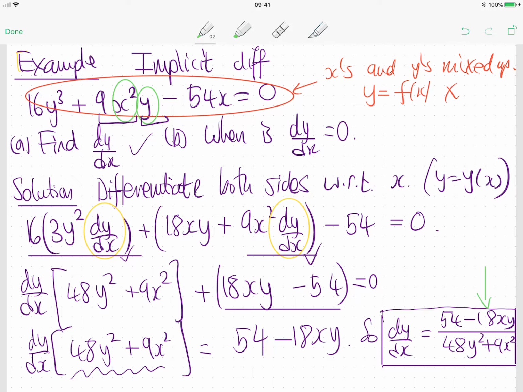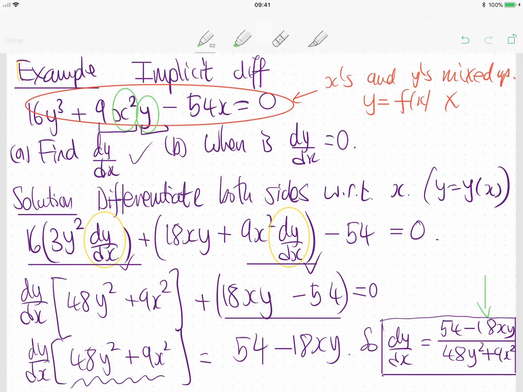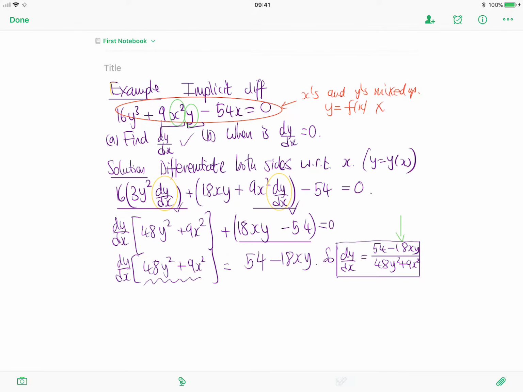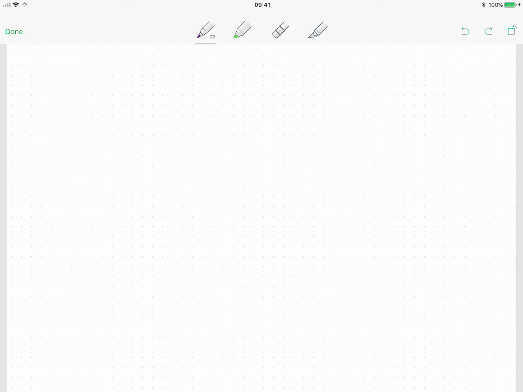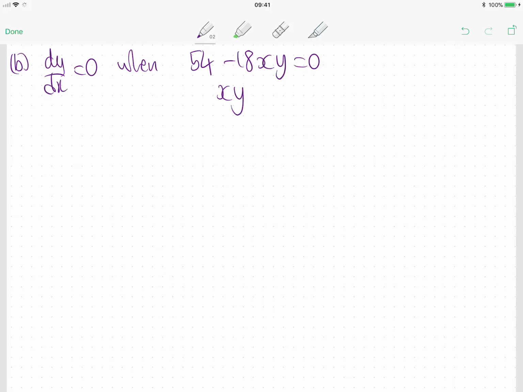Okay, so let's go to a clean page. We have the following. Dy dx is 0 when the top is 0, so 54 take away 18xy is 0. Let's rearrange this.